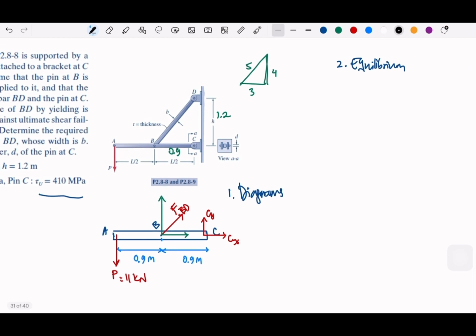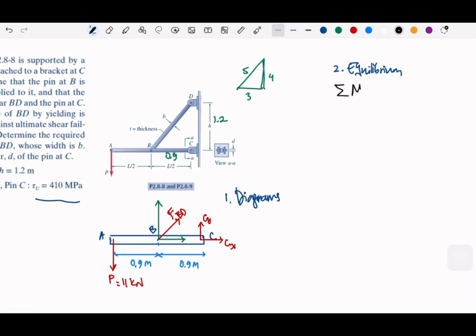So we can take the sigma moment at B or at C, but I would like to know the BD, because we would like to know the thickness of the rectangular BD, the required thickness that we can get from the safety factor and also from the forces at BD.